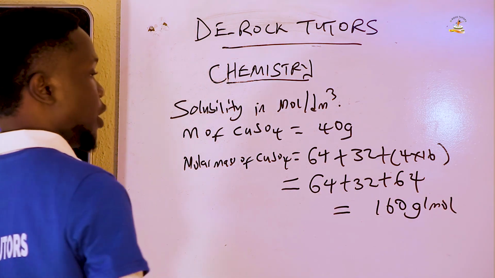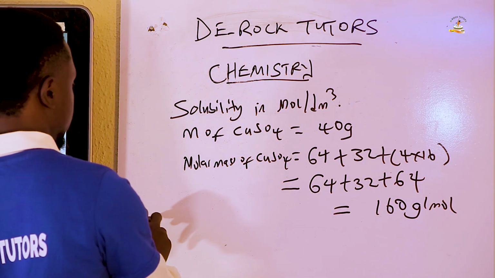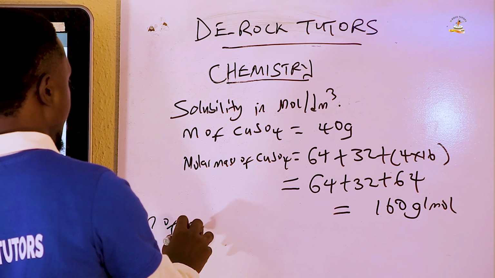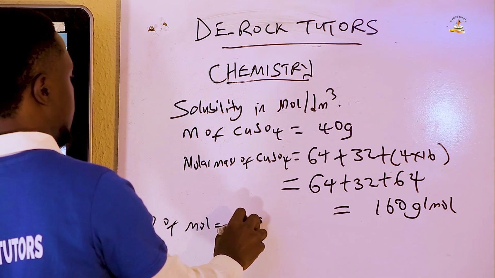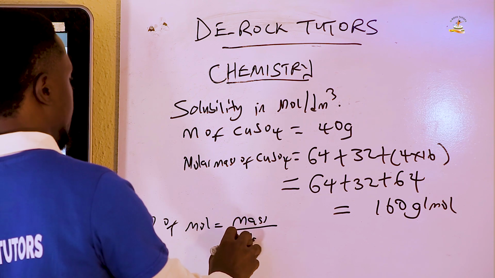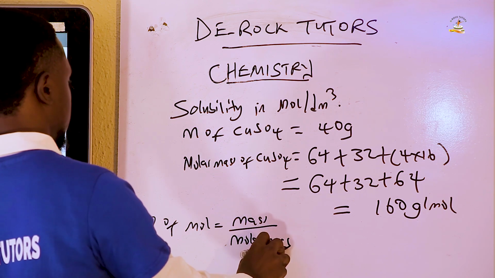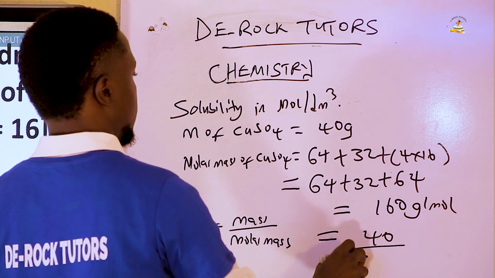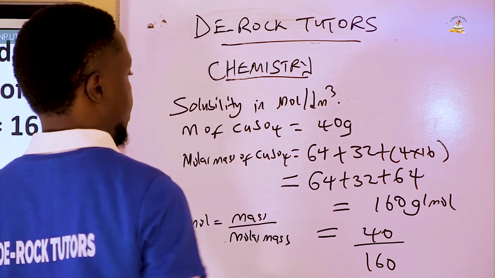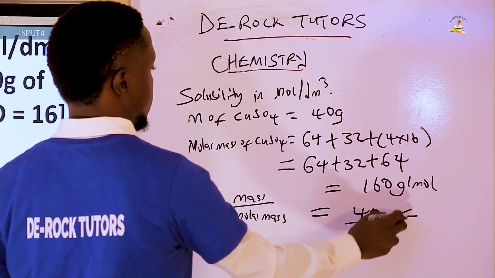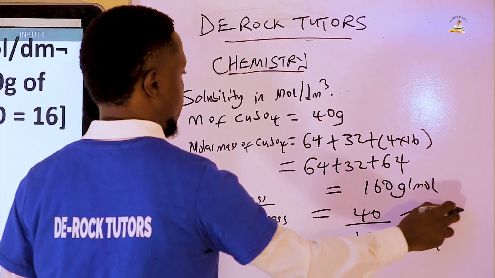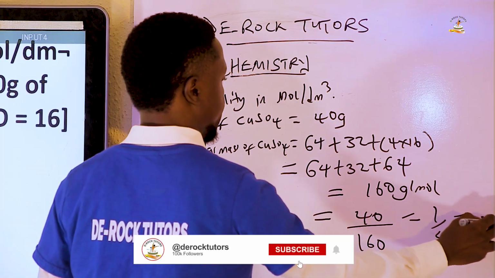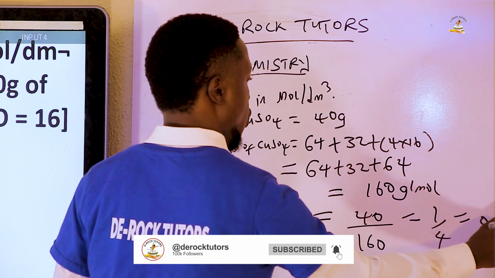Okay, then we'll now look for the number of mole. Number of mole is mass over molar mass. So that will give us 40 divided by 160. This is 1 over 4. This is 0.25 mole.